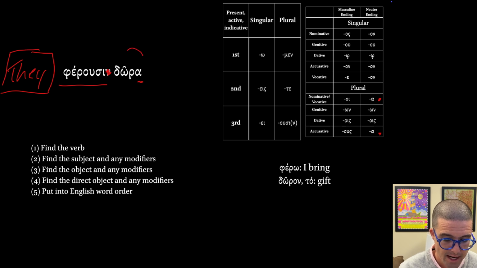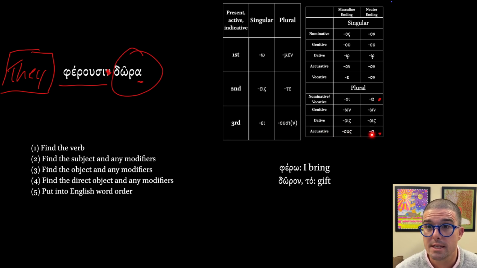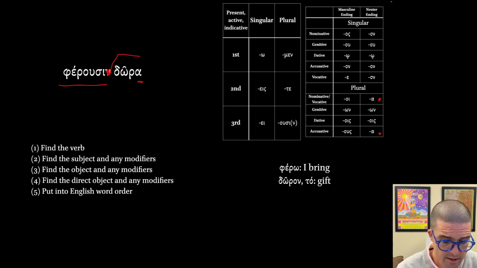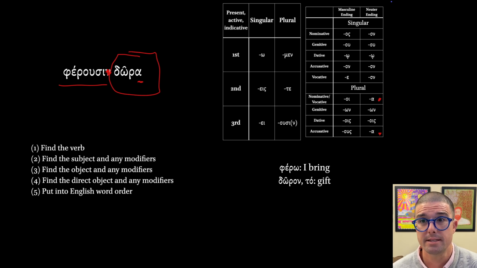So it's either the they assumed over here as the subject of our sentence. They bring gifts. In this case, dora would be the accusative plural, the object of the verb. They bring gifts, a perfectly good translation, and this is probably the one it is. The other option is that dora could, technically speaking, be the nominative plural subject of a plural verb.